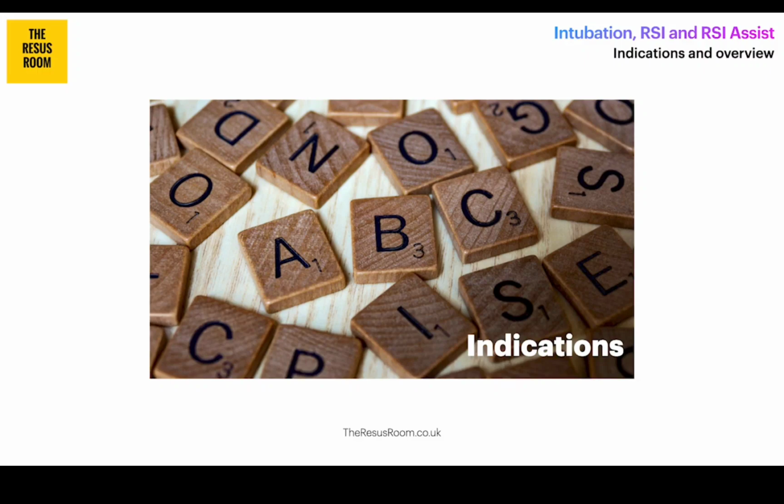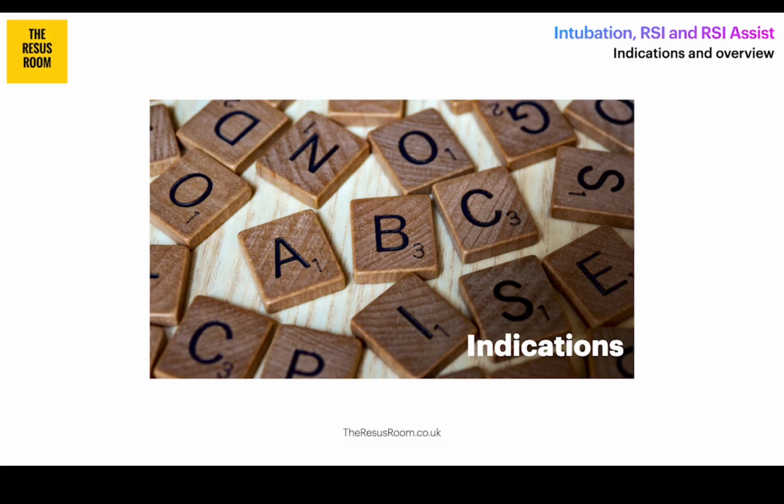What are the indications? Well, there is a very handy A to E list that was recently published by Avery and colleagues. They mention A, loss of airway patency, and that's either actual or potential. B, inadequate ventilation, respiratory failure or hypoxia.